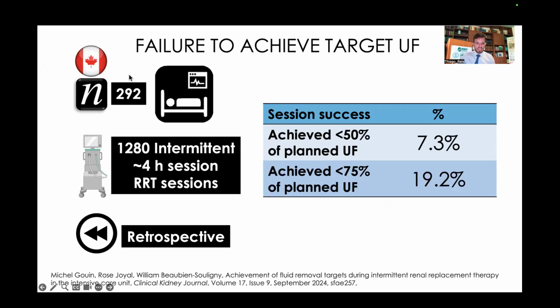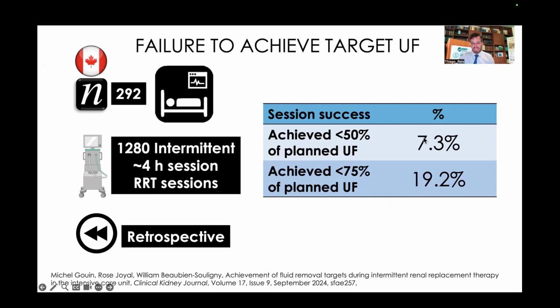In this study in Canada, 290 patients, 92 of whom were submitted to intermittent dialysis sessions in the intensive care unit, had their sessions analyzed. So in total, 1,280 intermittent dialysis sessions. And they developed two ways to measure how effectively the therapy was being delivered.